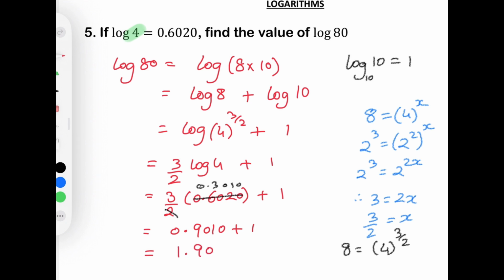So the final answer is 1.9030. So the value of log 80 is 1.9030.